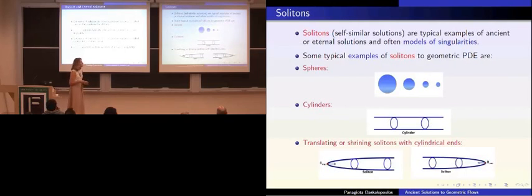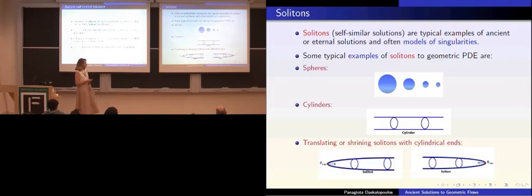Now, of course, self-similar solutions, or solitons in physics or geometric terminology, are examples of ancient solutions, and definitely examples of singularities. The most typical example, which is not very interesting in the geometric sense, is the round sphere shrinking to a point or expanding, depending on the flow.